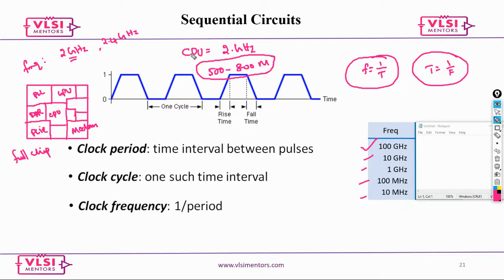Only the CPU would be operating at 2 gig, because the CPU is the one doing a lot of arithmetic operations and supporting all these functions. So the CPU would always be on a higher frequency, whereas the other logic would be on a lower frequency.